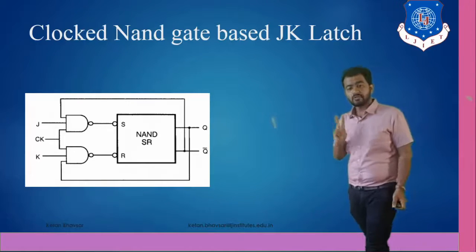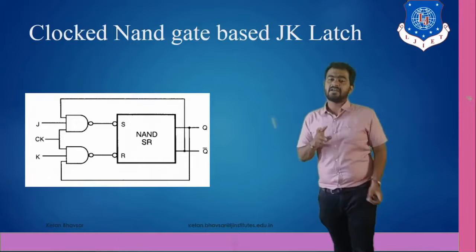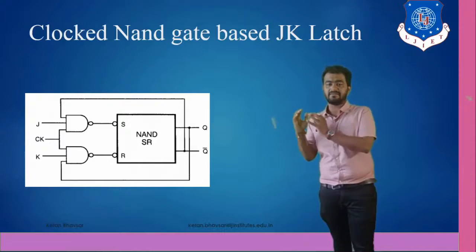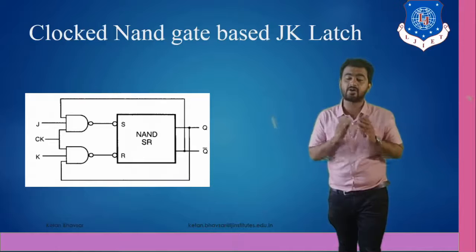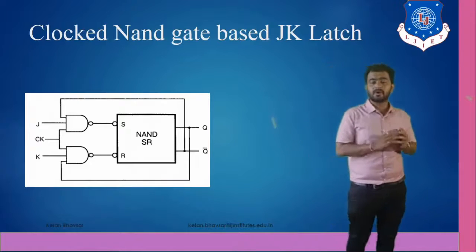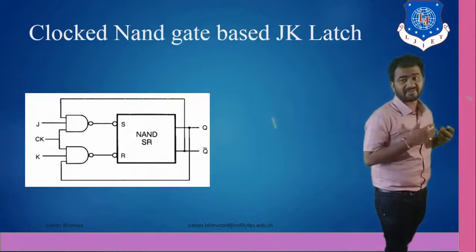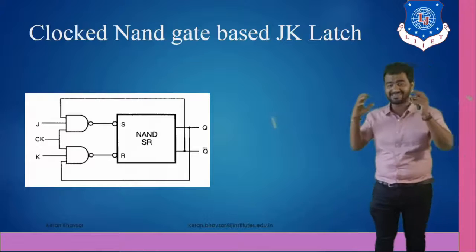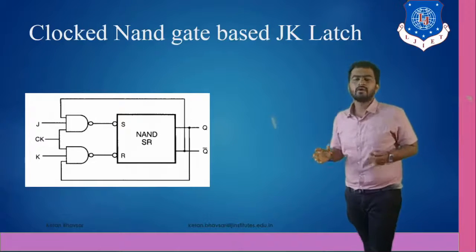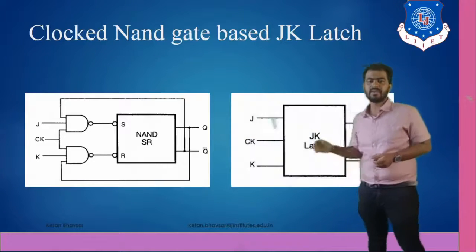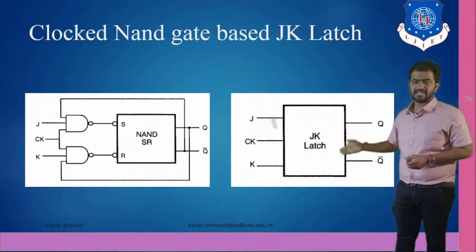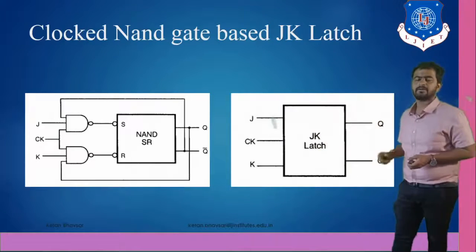Okay, so we added two feedback paths in the JK latch, and that is the difference compared to the SR latch. We can also solve the problem of the SR latch, so that it does not enter the invalid state. Okay, so as you can see, clock, J, K, Q and Q bar.